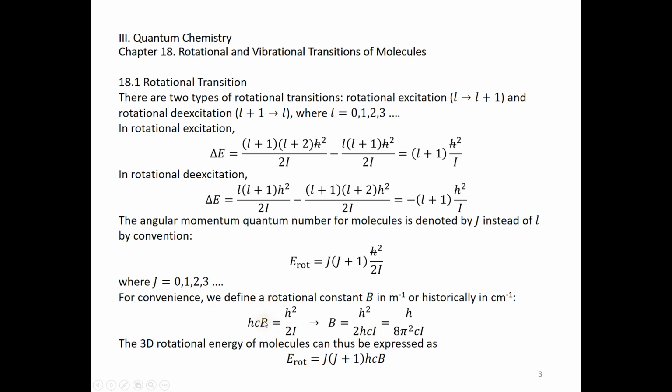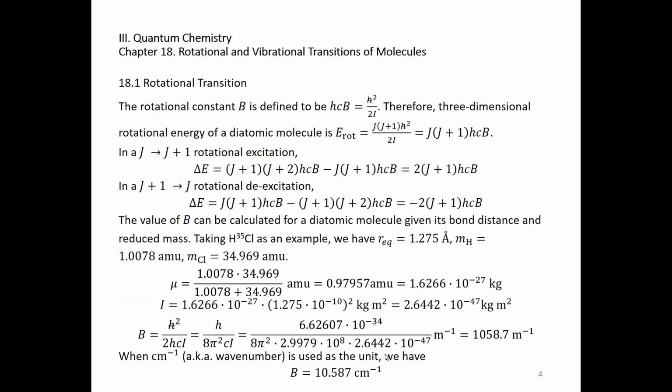B is also called the wave numbers of the rotation. The three-dimensional rotational energy of a diatomic molecule can be expressed as J times (J plus 1) times hcB. Again, B has a unit of wave numbers.